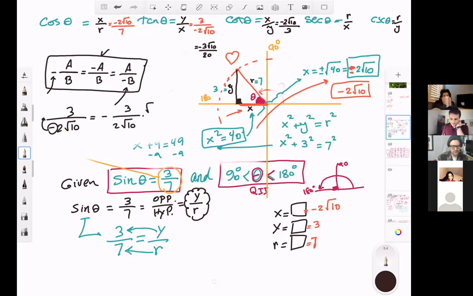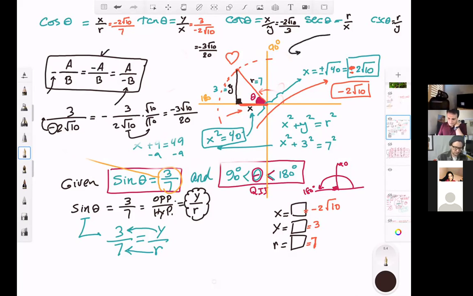So I multiply by radical 10 over radical 10. I get negative 3 radical 10 over radical 10 times radical 10, which is radical 100, which is 10, and gives you 20. Now, what is r over x for the secant?